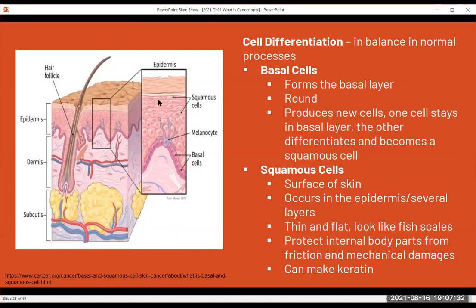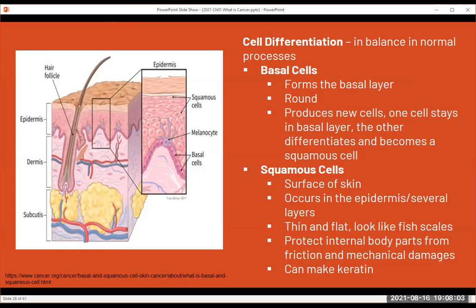And the squamous cells are the light pink cells here. And you can see there's multiple layers of them on top of the basal cells. So the squamous cells would make up the surface of the skin. There's going to be multiple layers. And these cells can be thin and flat. They can look like fish scales, but they protect the body, right, from friction, mechanical damage, and from the outside world.